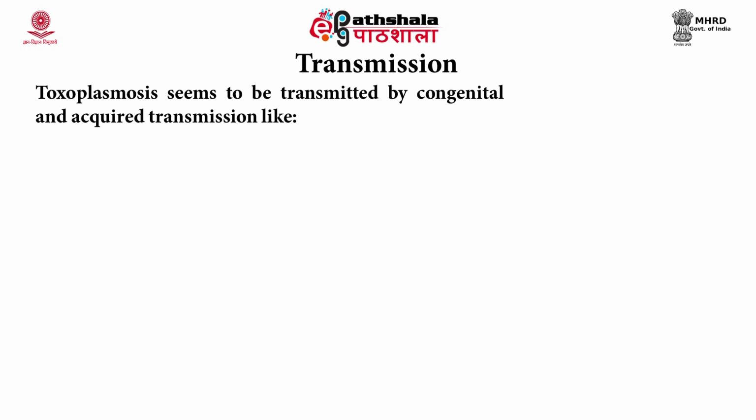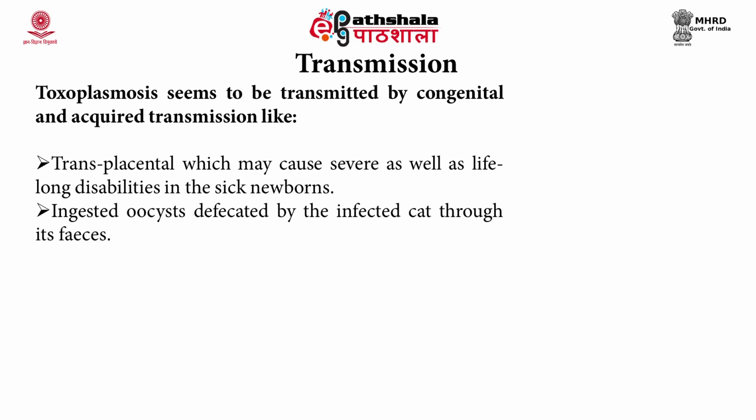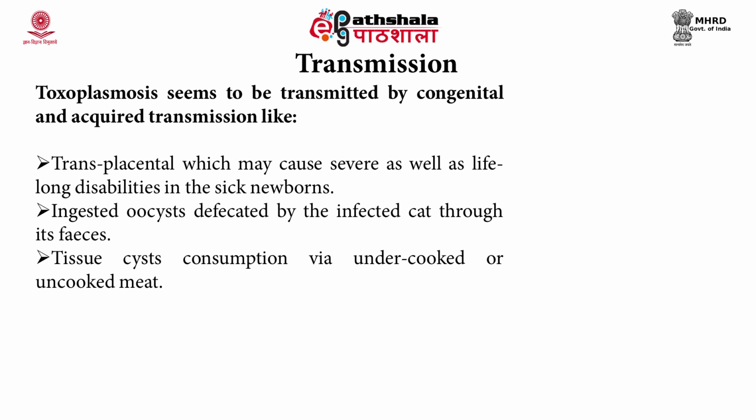Transmission may occur in the following ways: transplacental, which may cause severe as well as lifelong disabilities in sick newborns, ingestion of oocysts defecated by an infected cat through its feces, and tissue cyst consumption through undercooked or uncooked meat.